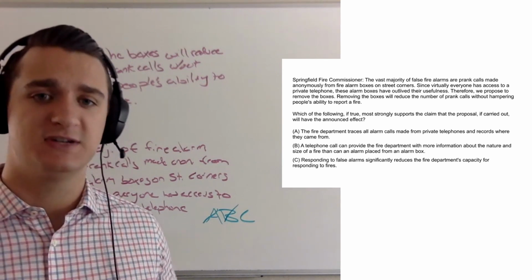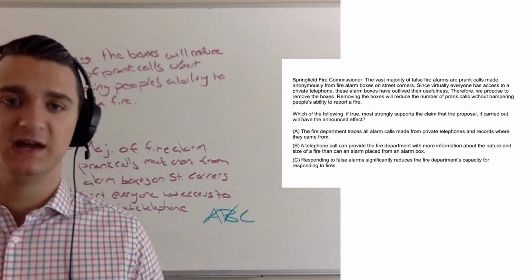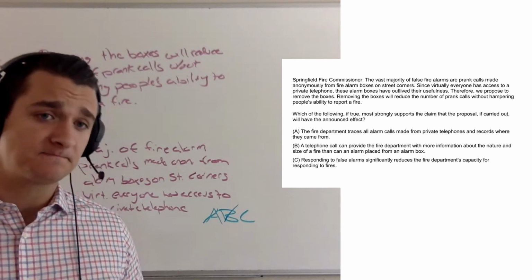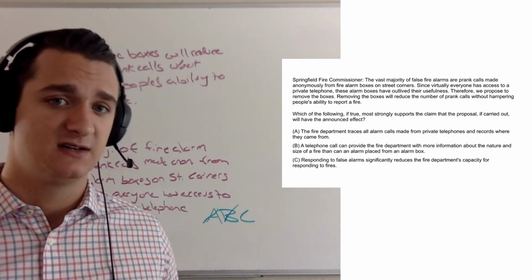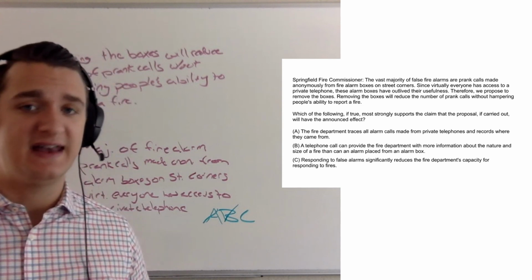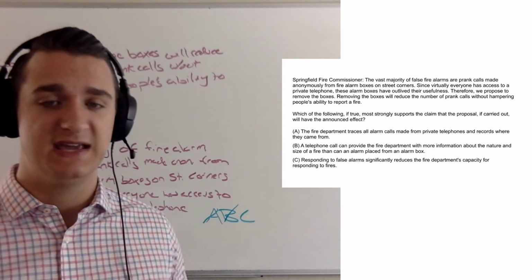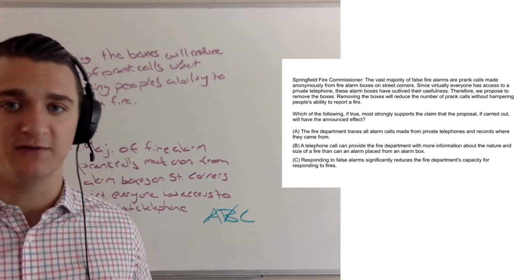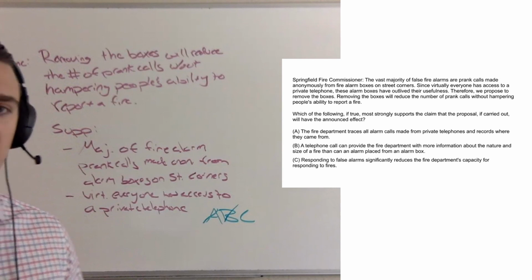And with C, responding to false alarms significantly reduces the fire department's capacity for responding to fires. Well, again, that's another reason that I think removing the boxes is a good idea, but the announced effect of the proposal to remove the boxes is that removing the boxes will reduce the number of prank calls without hampering people's ability to report a fire.